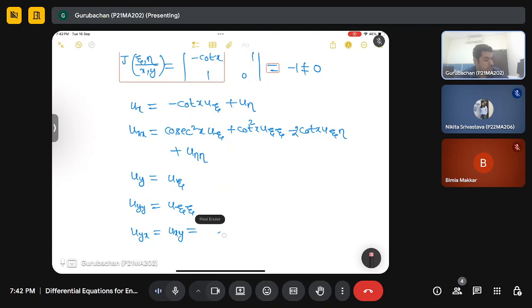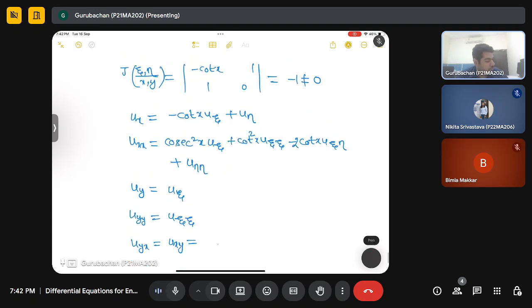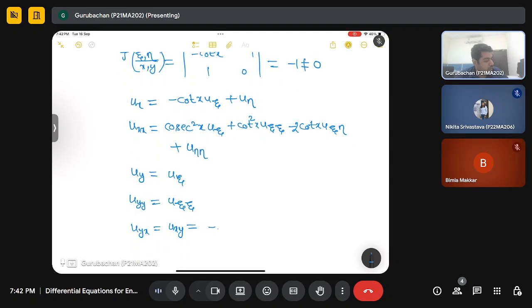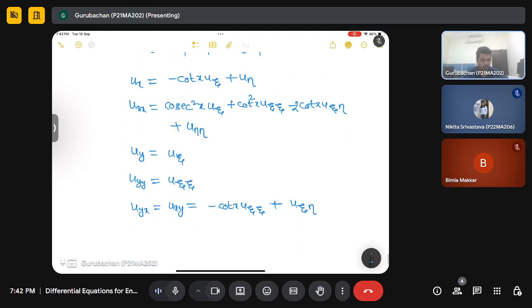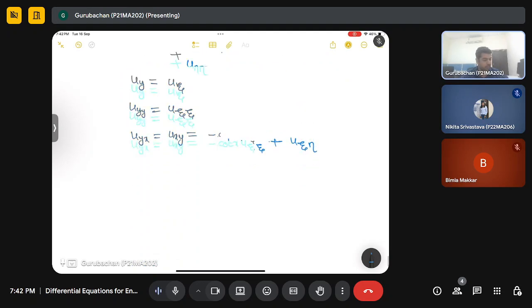So xi with respect to x will give us minus cot x. So this will be minus cot x u xi xi. Okay. Next is u xi eta, and eta with respect to x is 1. So till now we have calculated these values.